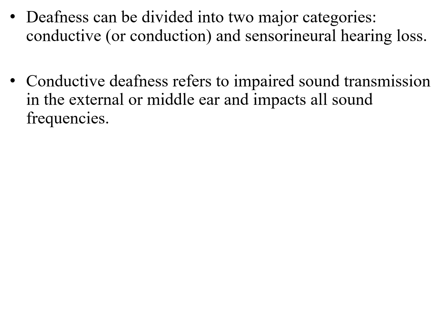Conductive deafness, as the name suggests, refers to impaired sound transmission in the external or middle ear and impacts all sound frequencies. Means if there is conductive deafness, there will be deafness in all frequencies.